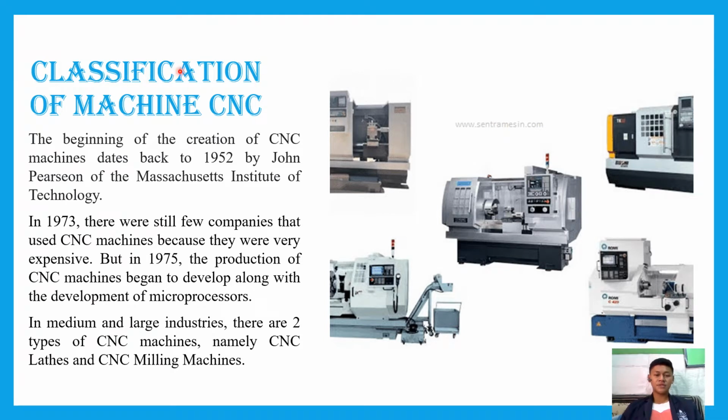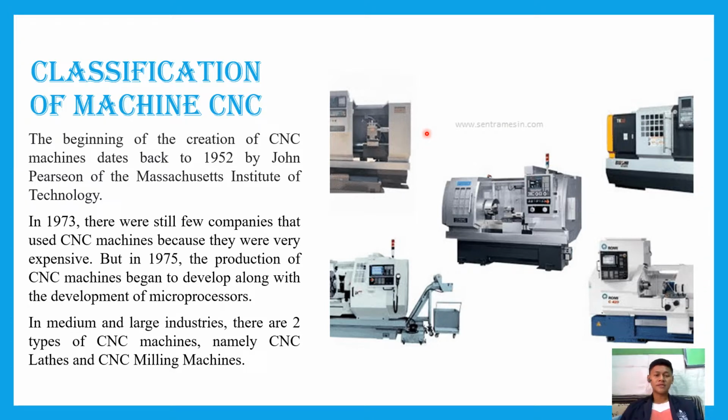Classification of CNC machine. This is a picture of a CNC machine. The beginning of the creation of the CNC machine dates back to 1942 by John Pearson of the Massachusetts Institute of Technology.